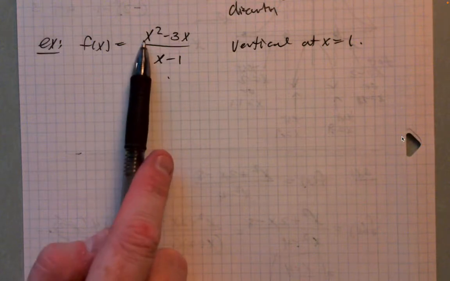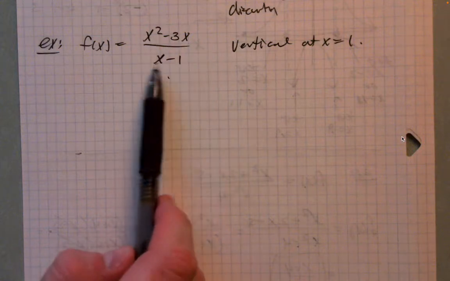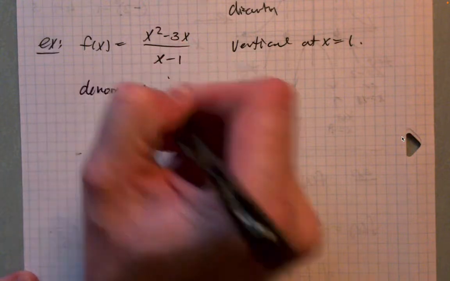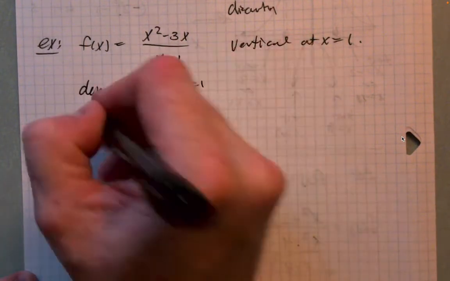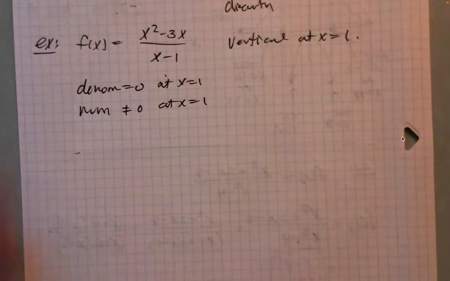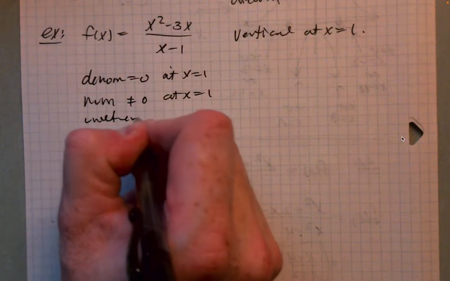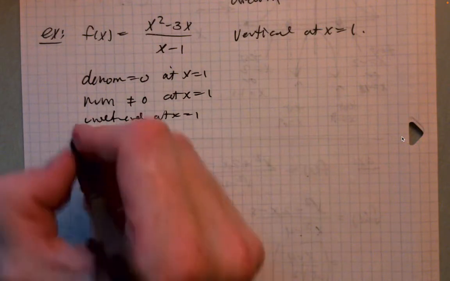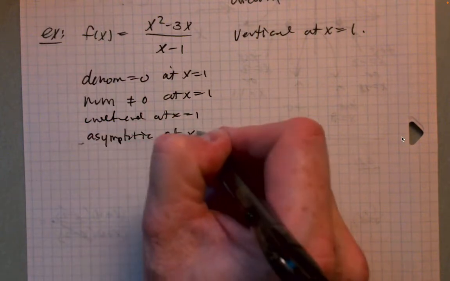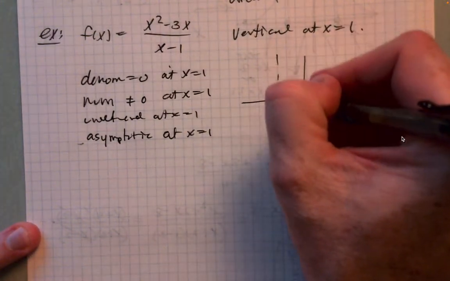What happens to the numerator? Well, it's 1 squared minus 3, which is 1 minus 3, which would be -2. So denominator equals 0 at x equals 1. The numerator is not equal to 0 at x equals 1. So undefined at x equals 1 naturally, and asymptotic at x equals 1. And so this one looks real similar to one that we previously saw.